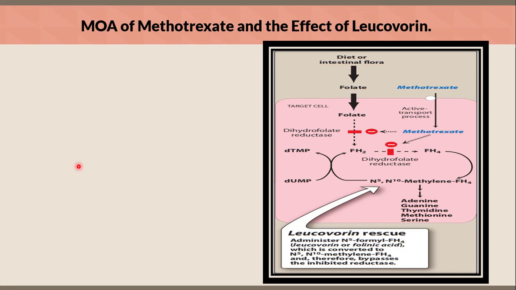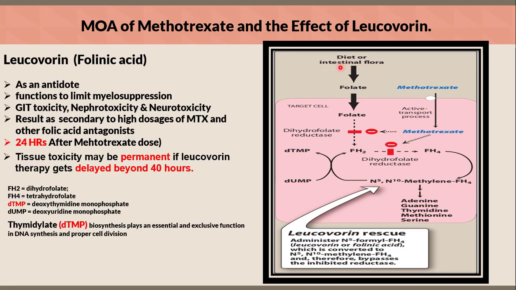Mechanism of action of methotrexate and the effect of leucovorin. As you can see here, the diet or intestinal flora produce folate, and the folate enters the target cell. Inside the cell, the folate is converted to FH2, or dihydrofolate.